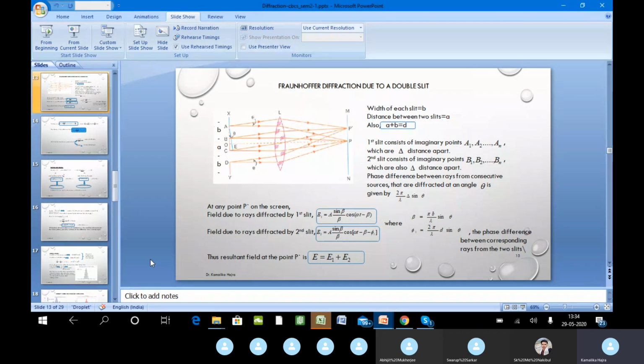So by next class I suppose we will be able to complete Fraunhofer diffraction, and then of course we will have to move over to Fresnel diffraction.